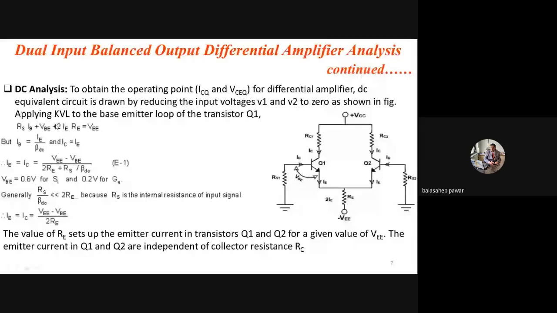If you look properly, the drop across RE is taken as twice IE into RE. Whenever we apply KVL to this loop, the drop across a resistor is nothing but the current flowing through it into the resistance of that resistor. Here it is taken as twice IE into RE. Why is it like this? Can anyone answer?